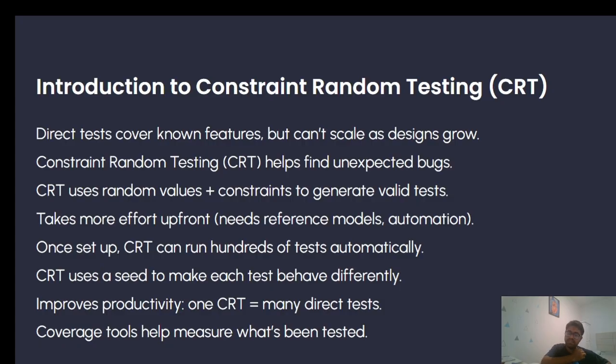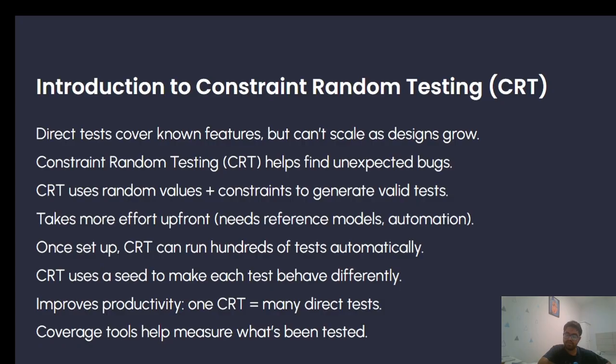Setting up CRT takes more work because we also need a way to predict the correct result. But once it is ready, we can run hundreds of tests without checking them by hand. That saves a lot of time.